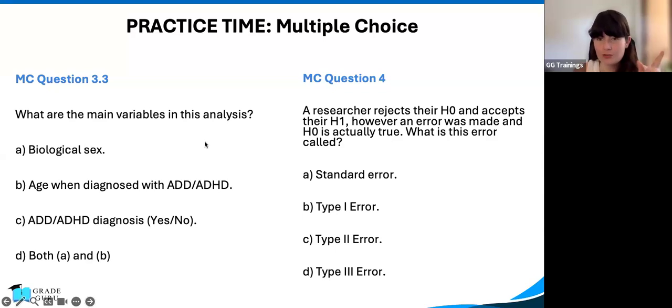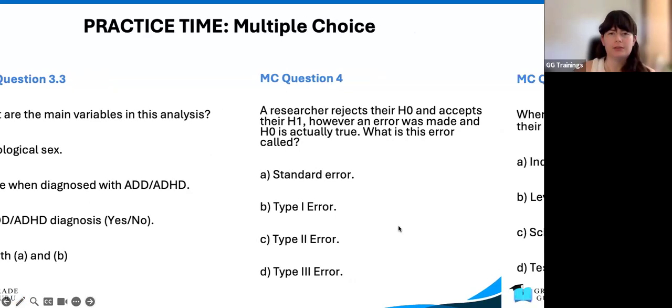When you reject an H0 when it actually was true, that's the type 1 error, and that's the error we really are trying to avoid making. Because rejecting an H0 basically means you're saying, oh no, previous research is wrong, which is a big statement to make in science. So rejecting a true H0 is a no-no. The type 2 error is when you retain the H0, but you should have rejected it.